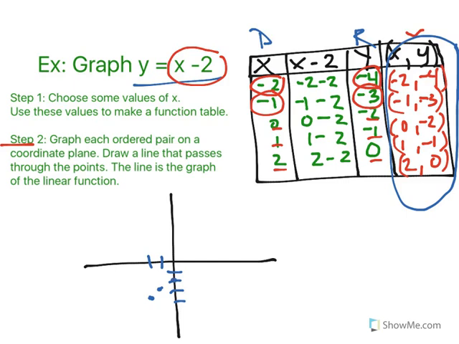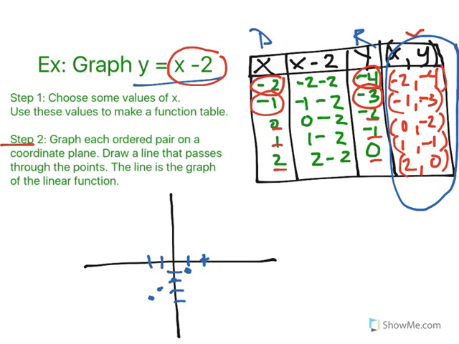And right away, I'm noticing it's going to be forming a line, and that's a good thing. If you notice that your points are sporadic and spread out in different places, and it doesn't form a line, you probably graphed something wrong. You did the math a little bit wrong. So 1, -1 is here. And then 2, 0 is going to be right there.